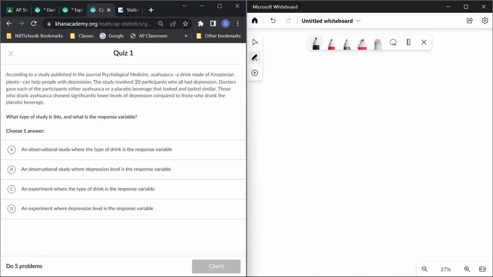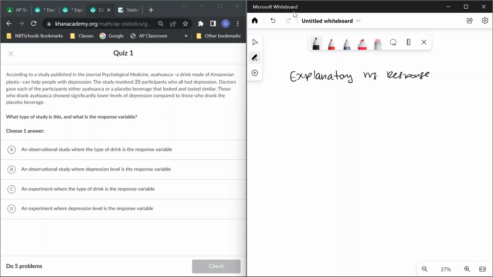Oh, not this again. So, okay, response. So we have explanatory versus response variable. So explanatory is your X, response is your Y, X causes Y. Okay, that's great. So, an observational study where the type of drink... So response in this case would be depression.